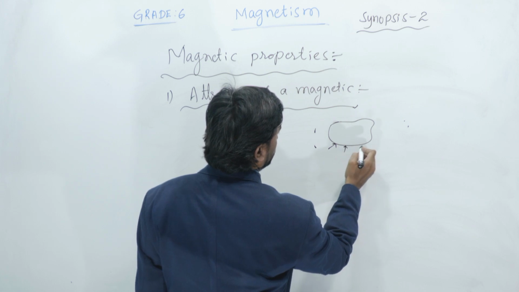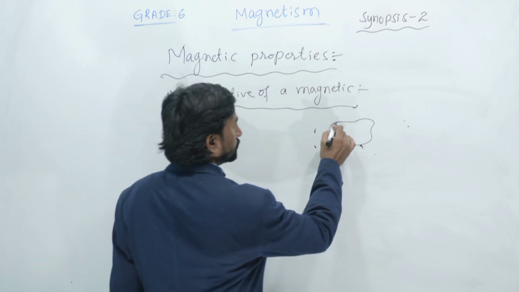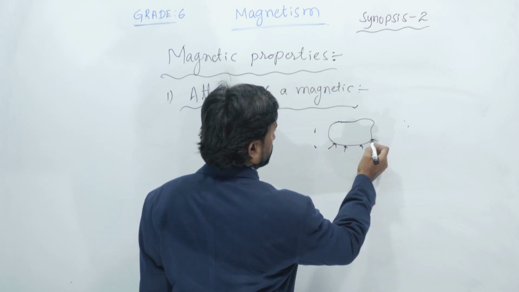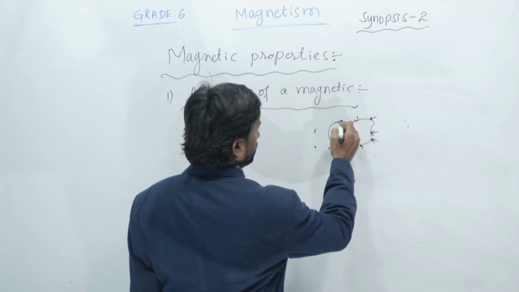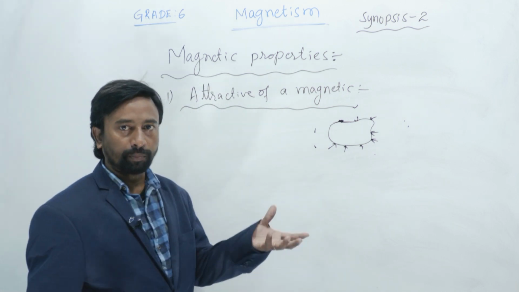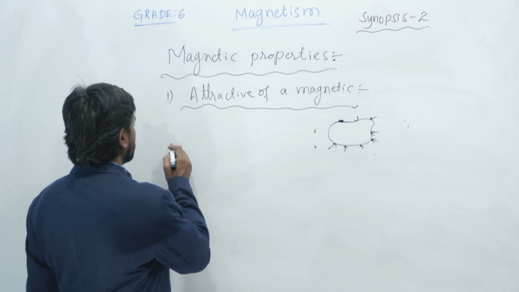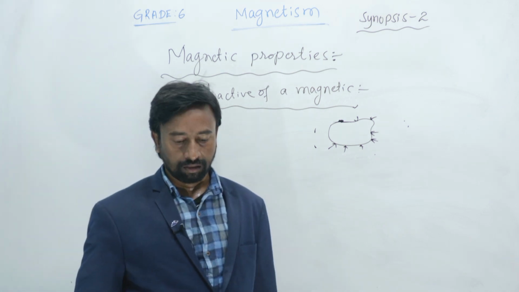They will be attracted towards it, come close, and be attached to the magnet. That means it has the attractive property. That property is known as the attractive property of a magnet.